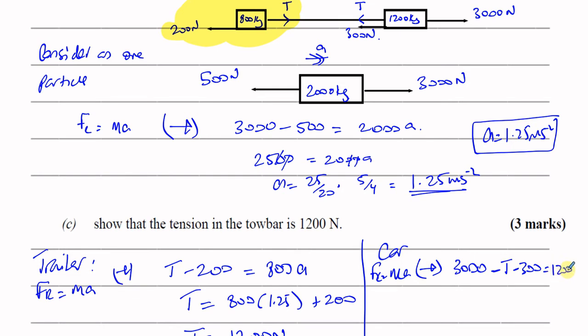So I've got 3,000 minus 300, which is 2,700, minus T equals 1,200 times 1.25. Okay, so let's see what that gives us.